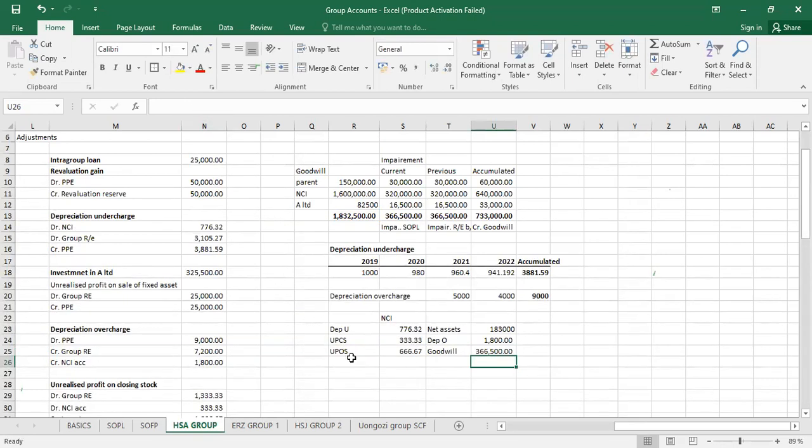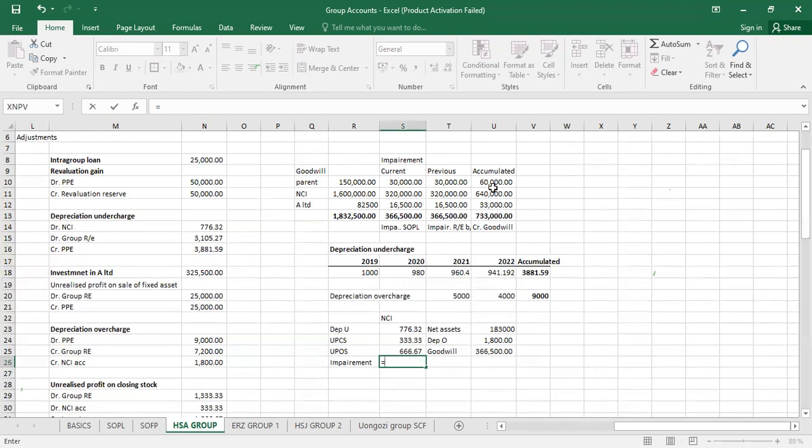Then what we'll have on this side is impairment. Do you take the whole? You don't, you take the parent and subsidiary, because the other one we already did when we were doing the investment.